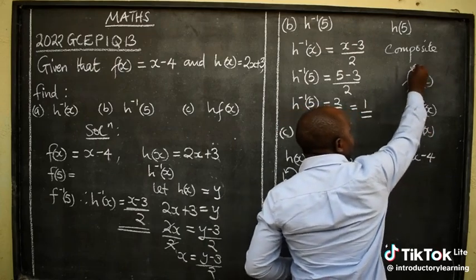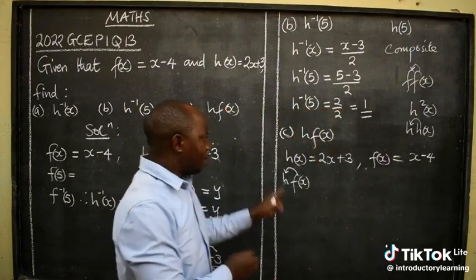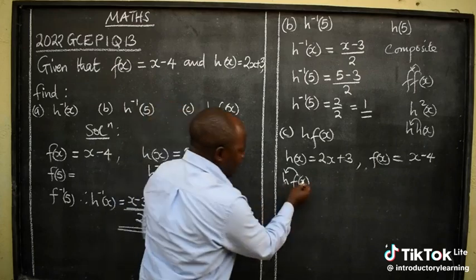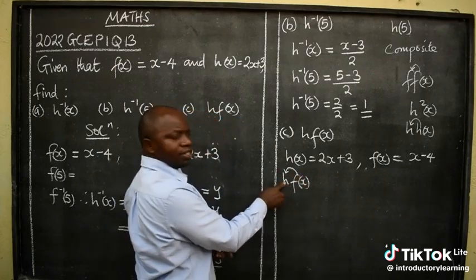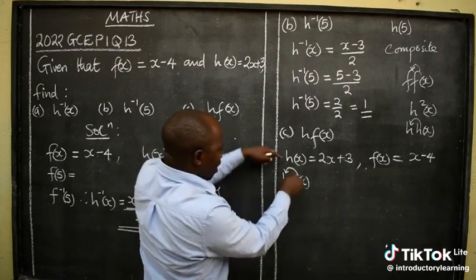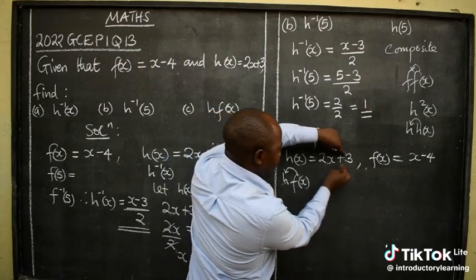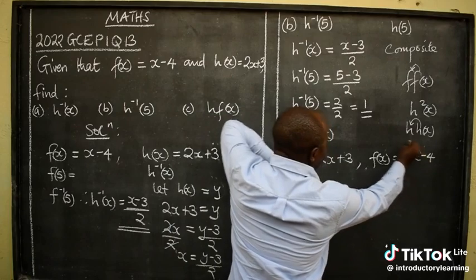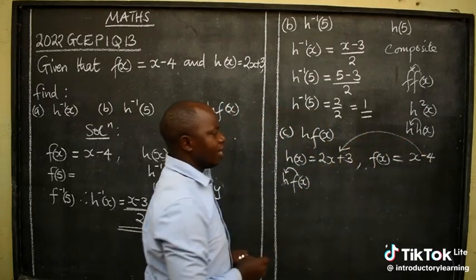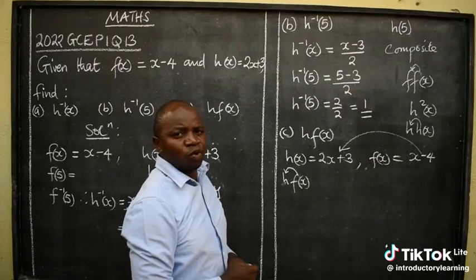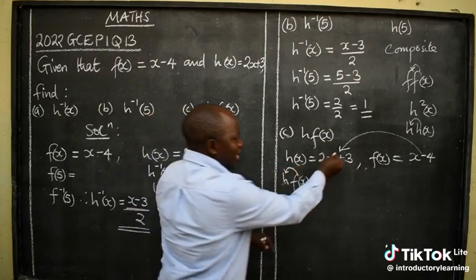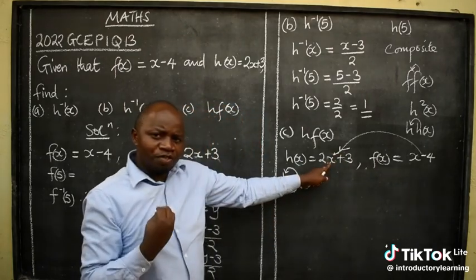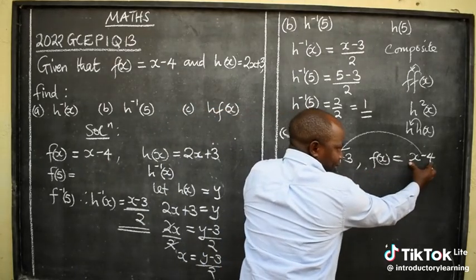This must go in there. So the application remains the same. Now, what we say is the second must go in the first. This function here is the first, then this is the second. It means this second must go in that one. Where there is x here, you are going to remove the x and substitute with this.